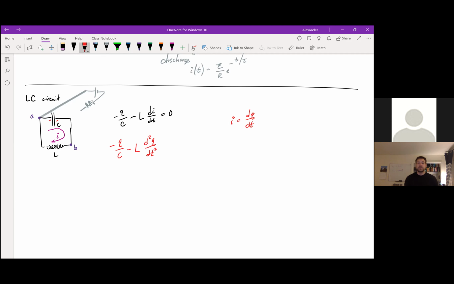It's the second derivative of charge. There's no reason to preserve the minus signs anymore. They were physical, but now we're talking algebra. So let's make these both plus signs. And let me write that again.